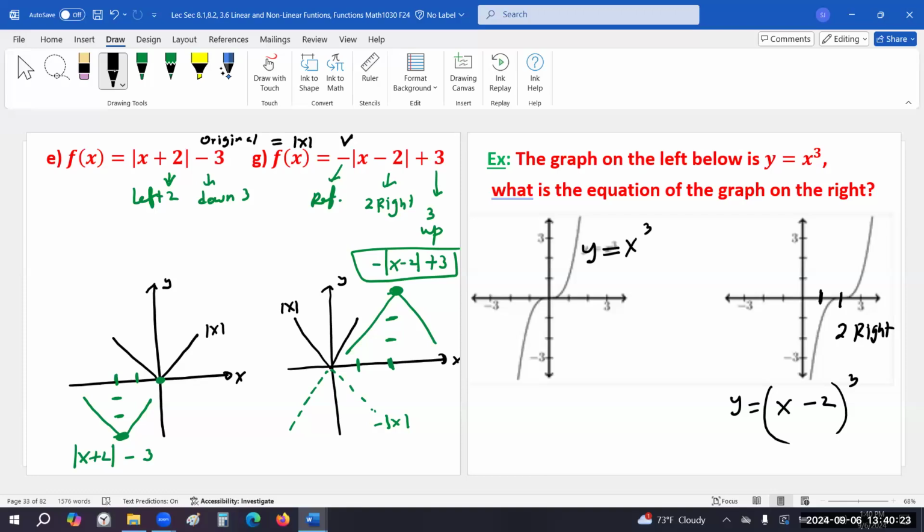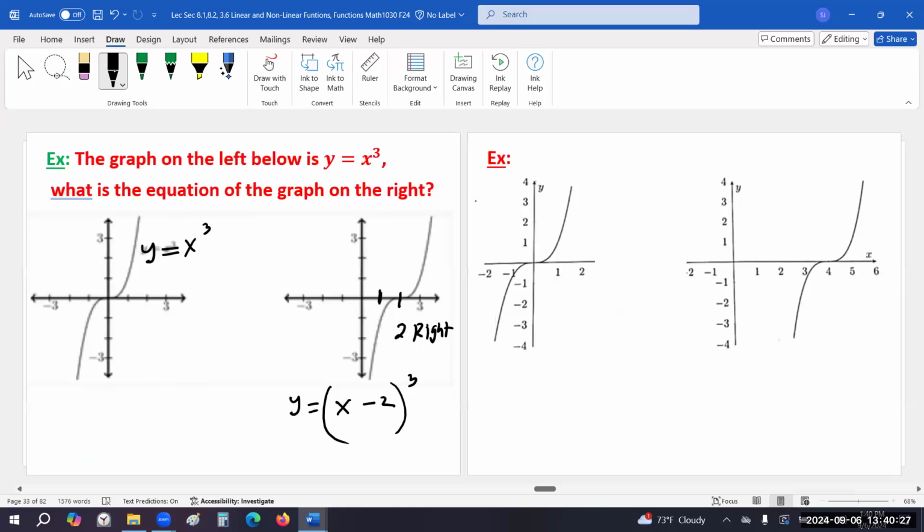Any question on this? One more. Which one is this? Y equals x cubed. Now, how about the next one?